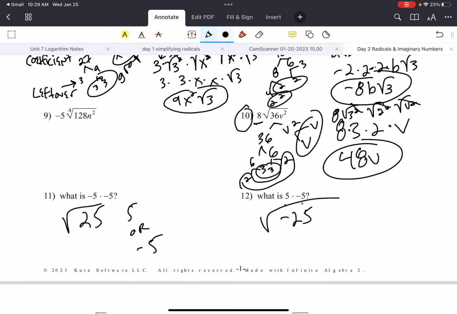Now, today I'm not going to show you how to do it on your calculator, but next time I'm going to show you how to do it on your graphing calculator. We'll actually do negative square roots for you, but only if I show you a special setting, which I'm not going to do yet. Okay? But for today, if you tried to type in a square root of a negative number, it would give you an error.